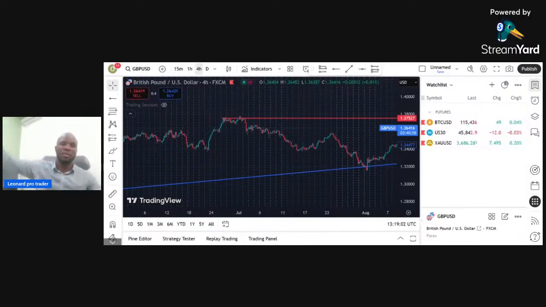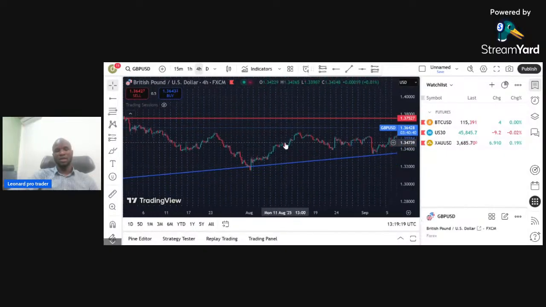When price came here, it went down. See, there is the key zone.